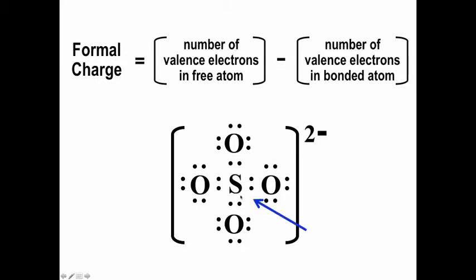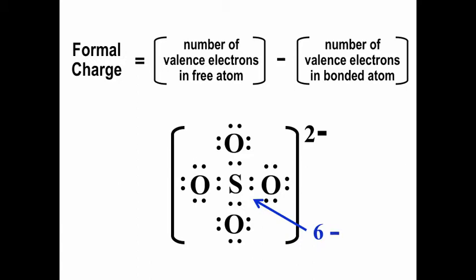So for sulfur, sulfur normally has 6 valence electrons, and right now it has 8 electrons around it, but we're going to essentially share the electrons where half of them are associated with sulfur and half are associated with oxygen.